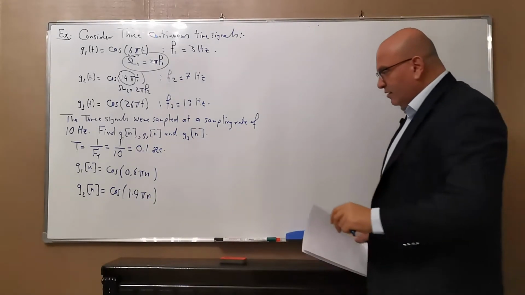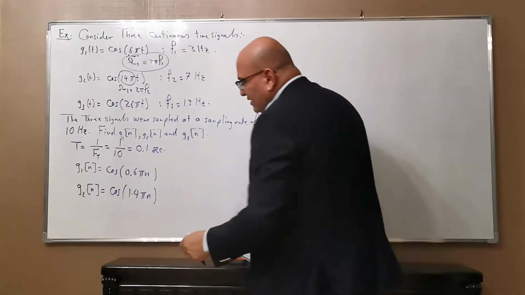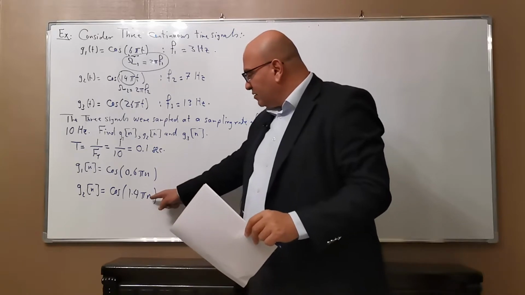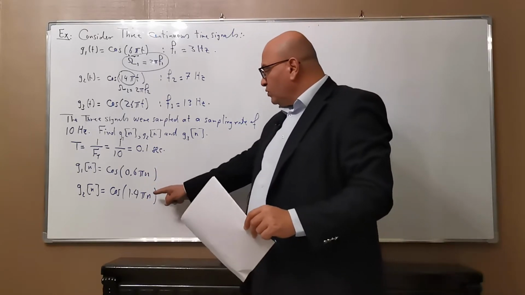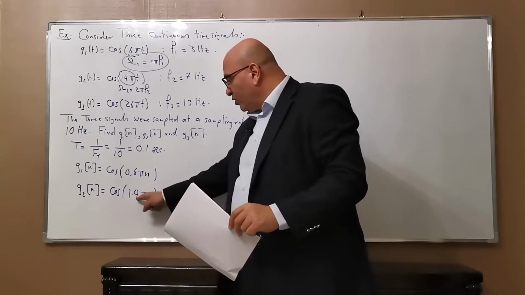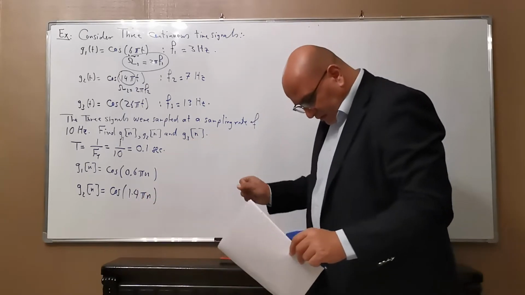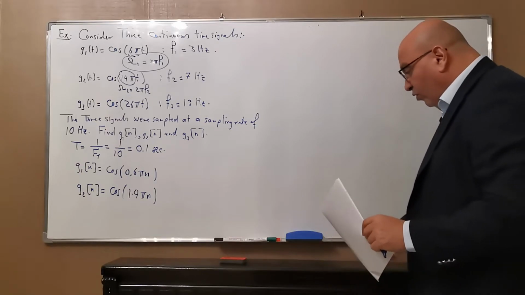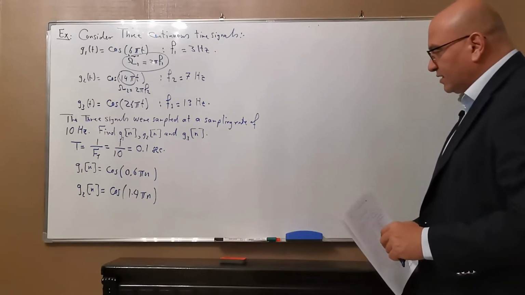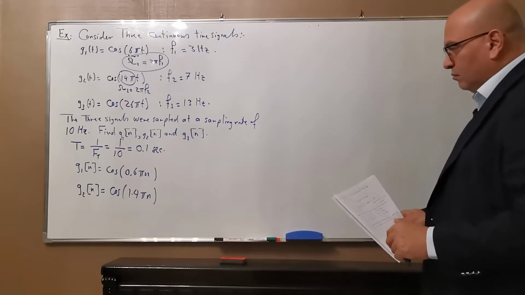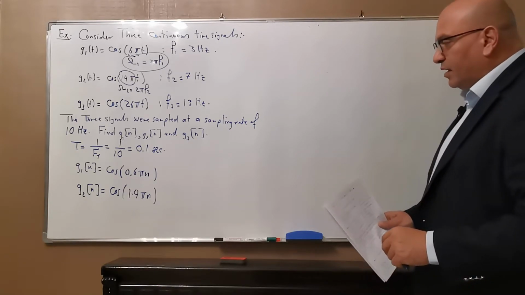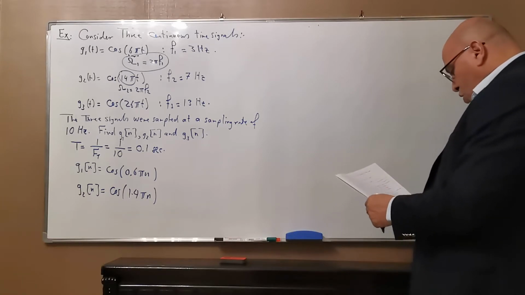And actually, it has exactly that meaning. When you say you have 1.4 pi n, this means that between two successive samples, you have 1.4 pi radians, if you are taking the x-axis to be in radians. Okay.